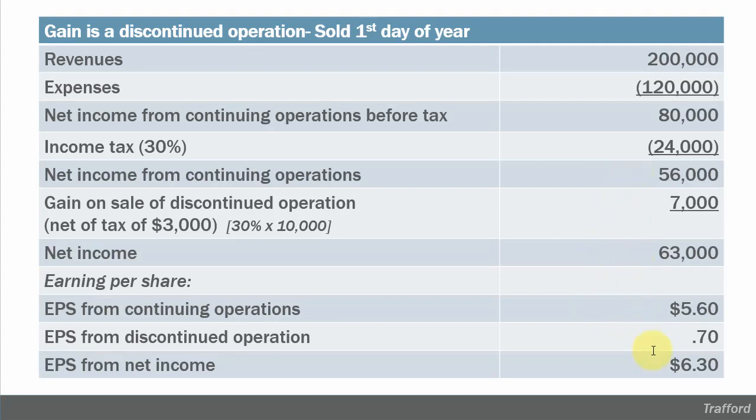Earnings per share just from the discontinued operation, 7,000 divided by 10,000 shares. And earnings per share from overall net income, $6.30 as computed earlier. And you can see that because we're using the same shares for all of these computations, the math $5.60 plus 70 cents equals our $6.30 down here. And that way investors who are focused just on earnings per share also have the benefit of using the number that makes the most sense to them.